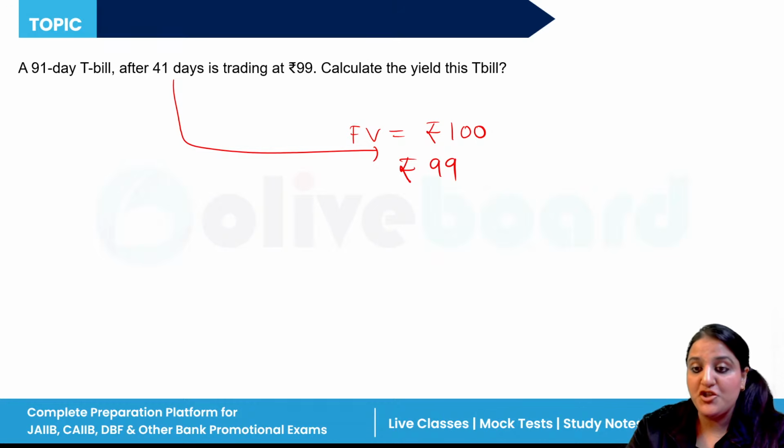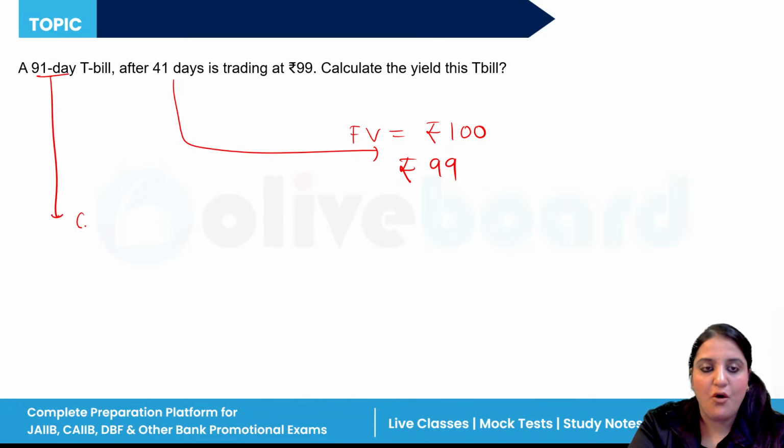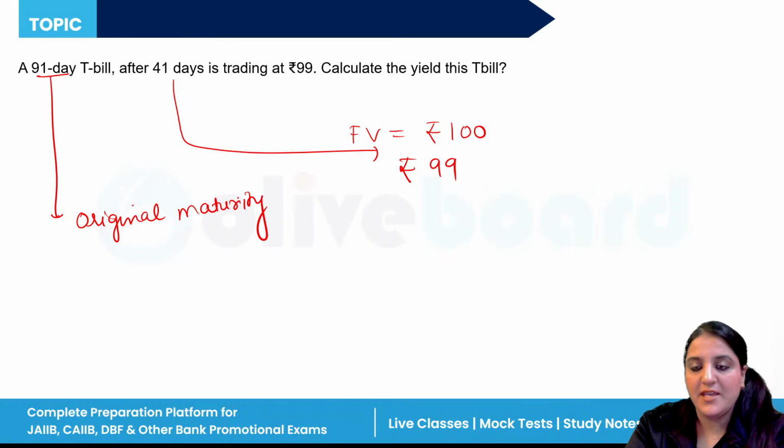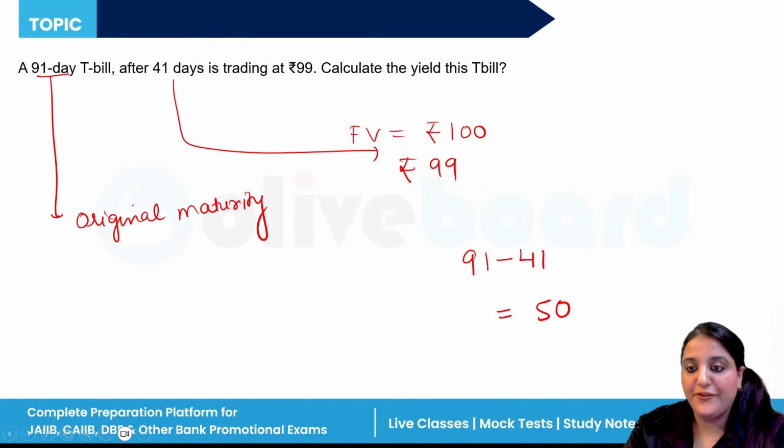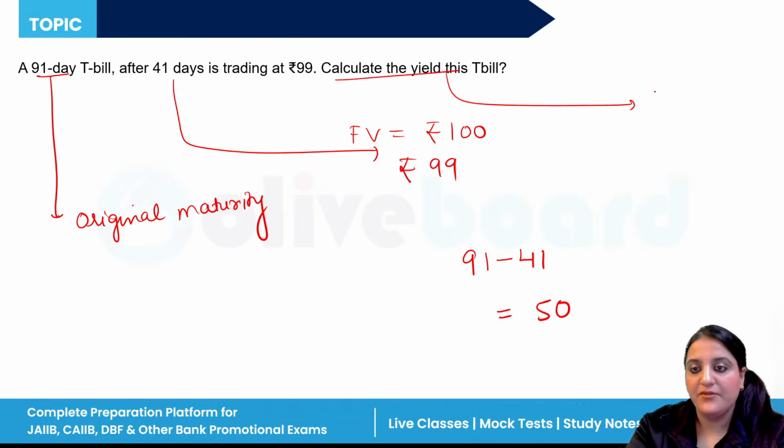And original maturity is 91 days, right? So how much time is remaining to the maturity? Just 91 minus 41, that is equal to 50. 50 days remain.